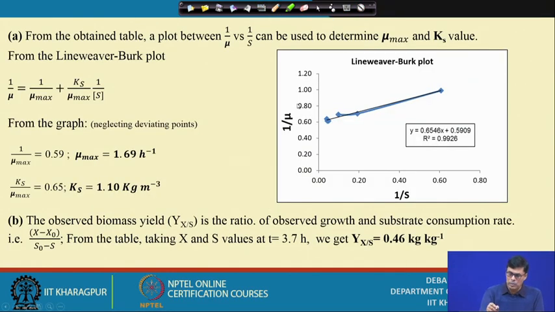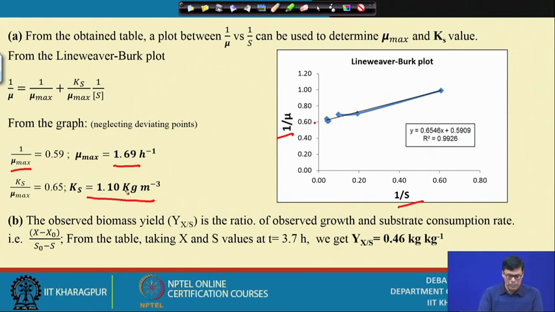Then we can plot 1 by mu versus 1 by s. Then we will get a straight line, and from the intercept we can get the value of 1 by mu max, that is coming 1.69 per hour, and the slope is 0.65. You put the value of mu max here, then we will get the Ks value 1.1 kg per meter cubed. So, we can find out the kinetic constant.